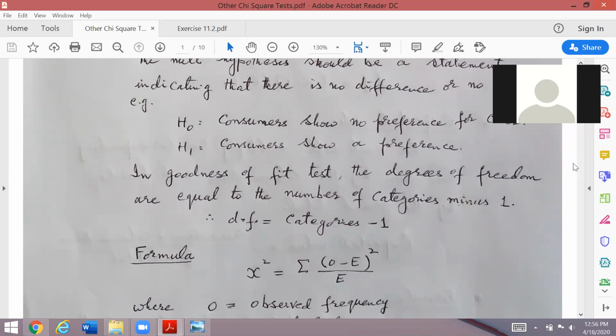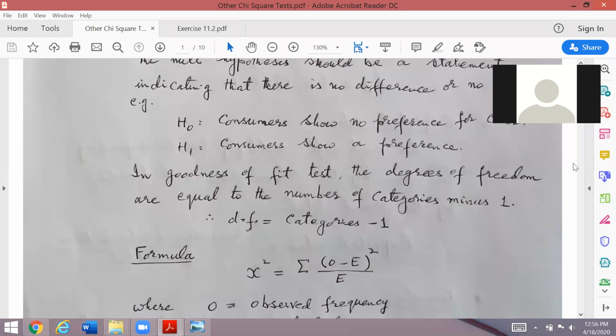That is what we had been doing in exercise 8.5, where we had been using the chi-square distribution for the right tail as well, for the left tail as well, for the two tail tests. But in this chapter, every test is a right tail test. So you'll be very carefree about this case.